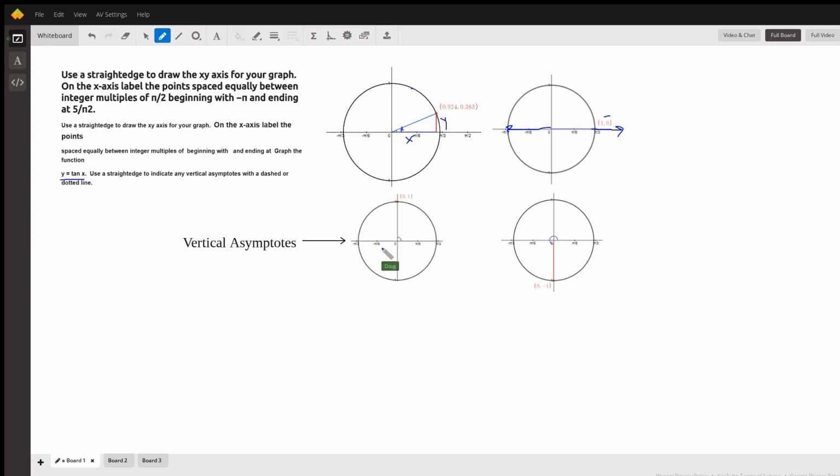But when the angle has its terminal side resting along the y-axis, if I try to put opposite over adjacent, I'm dividing by 0. 1 over 0 is undefined. That's why they're talking about the vertical asymptotes here. And the same will be for this angle right here. At 0, -1, I'd have -1 over 0, undefined.